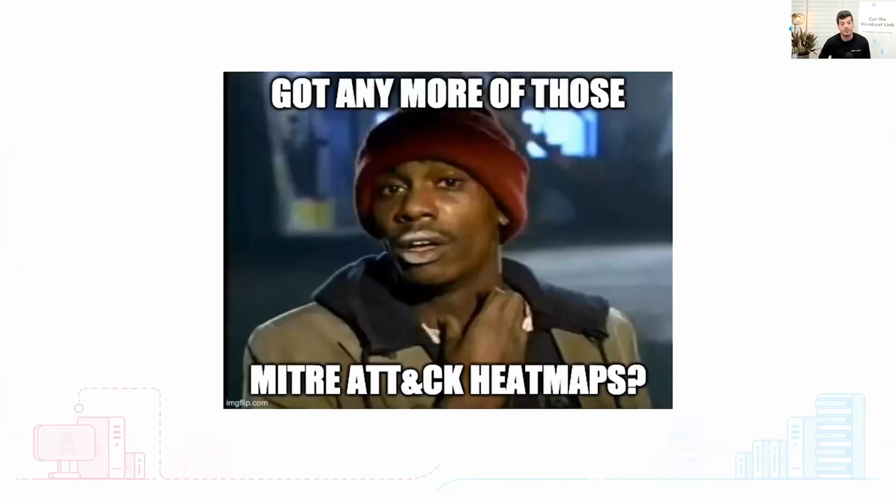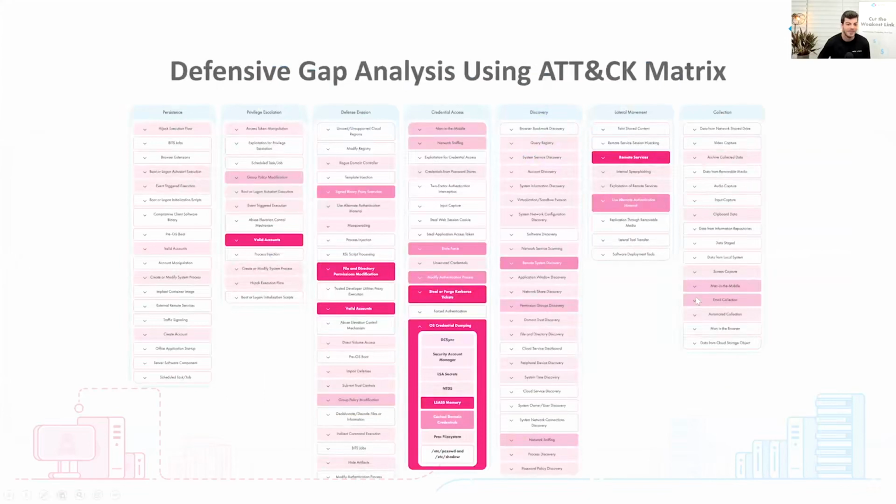And of course, you can't give a talk about the ATT&CK framework and not show a fancy heat map. So here's my heat map. What we focus on here, which is the important difference, is that we are not mapping detective controls. We are checking only if the existing mitigations are applied.